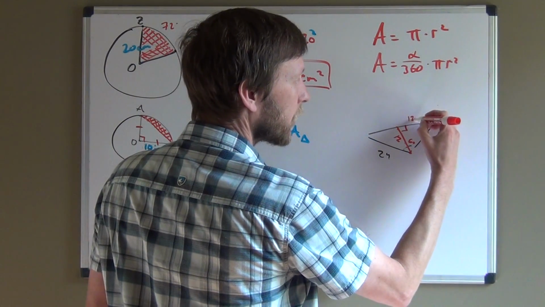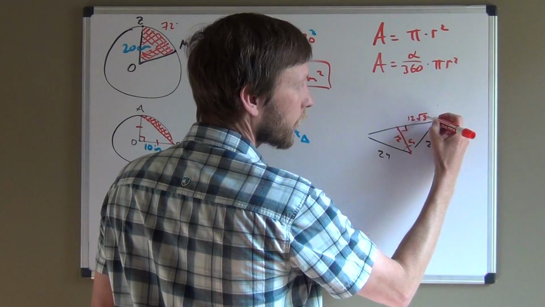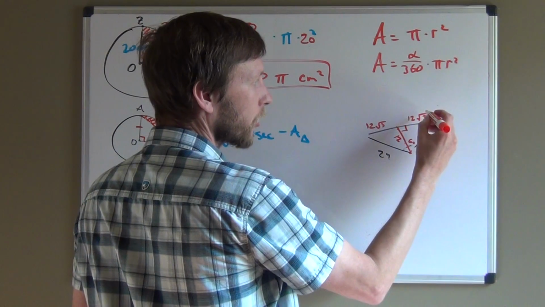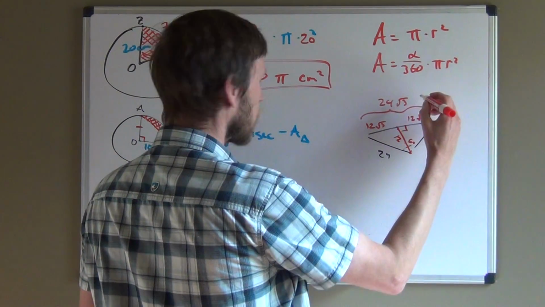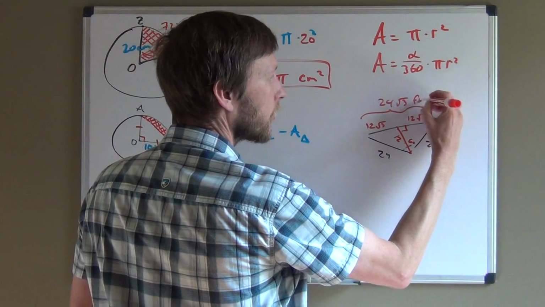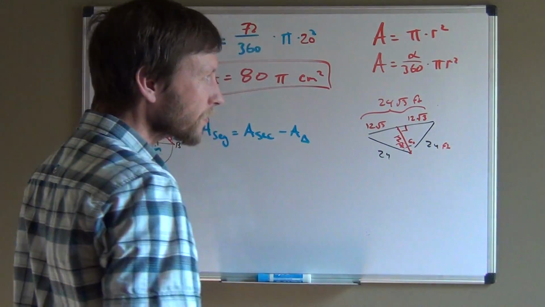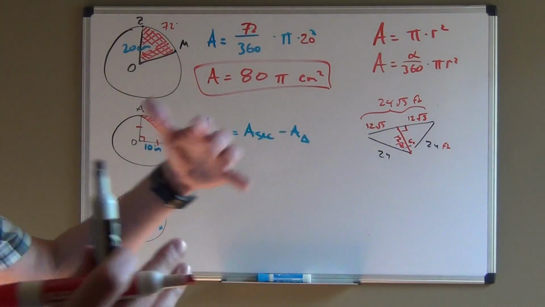Which means that this piece is going to be that short leg times the square root of 3, which means that this is also that short leg times the square root of 3. And when we add them together, we get 24 times the square root of 3, and this was in feet. These are in feet. All right, this is 12 feet.